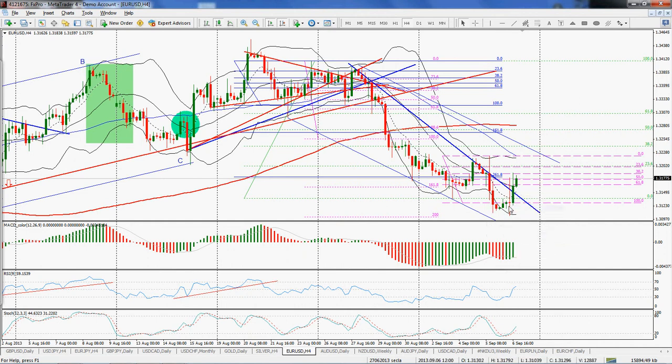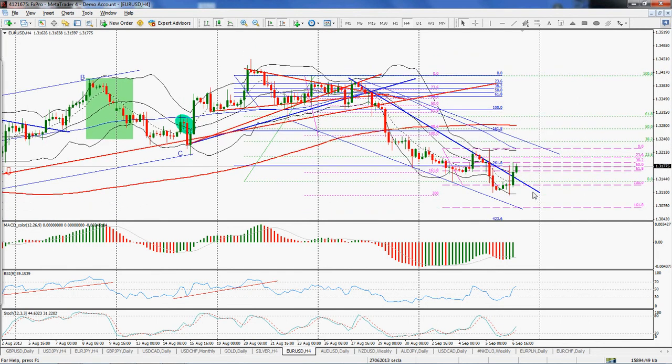You can see this strong doji candle here. The market wasn't able to break down through those levels, so has turned. But as I said, the last downward movement, the fifth wave, is in my opinion still possible. Maybe this will be a kind of retesting of this resistance line.